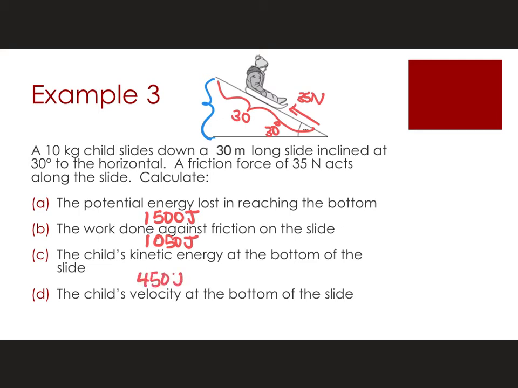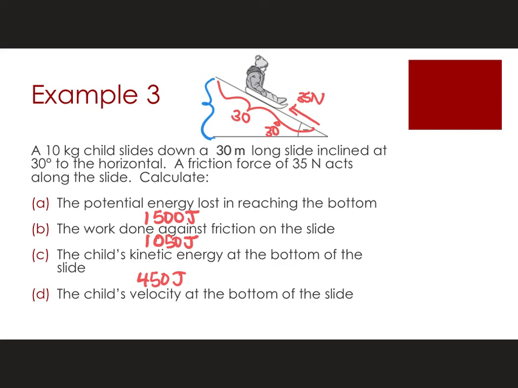So what we're using here is our work energy theorem. So we have the amount of energy can't be created or destroyed, only transferred from one form to another. And when we do work to overcome friction, that's going to cause us to have heat created. And so that's where some of our energy has gone.